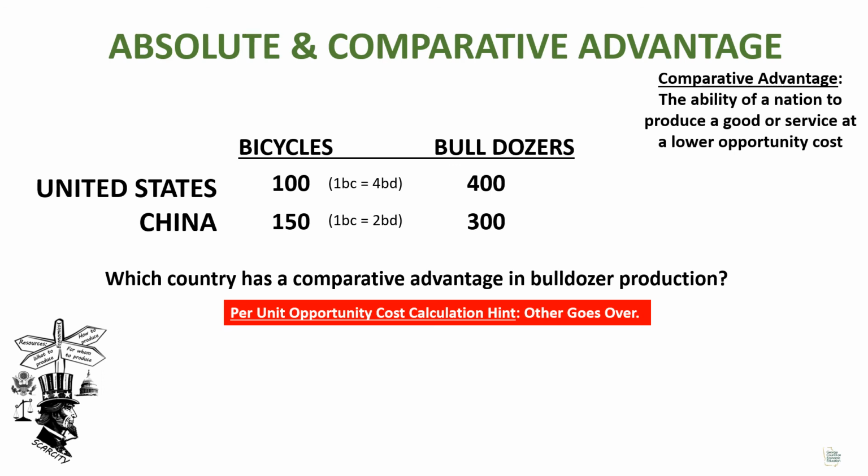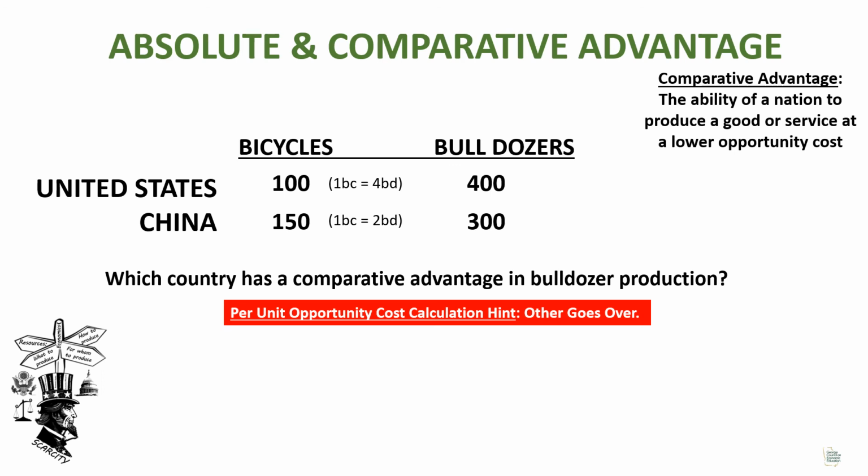So in the United States, if we want to produce one bicycle, and we put the other over, right? So we take 400 and we put it over 100. For every one bicycle we produce, we're going to give up 4 bulldozers. You see this? So the other over. If we're looking for the comparative advantage in bicycles, the other goes over.